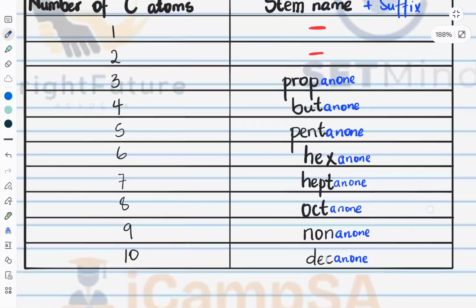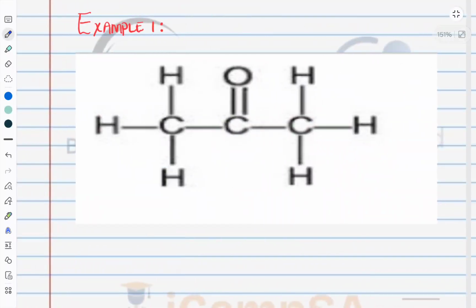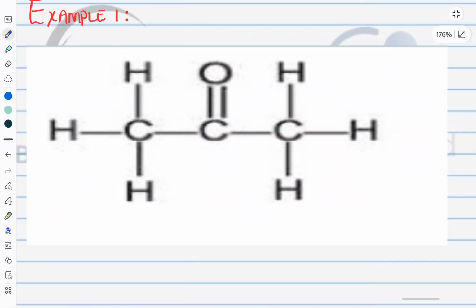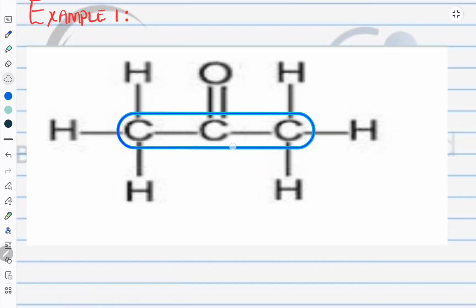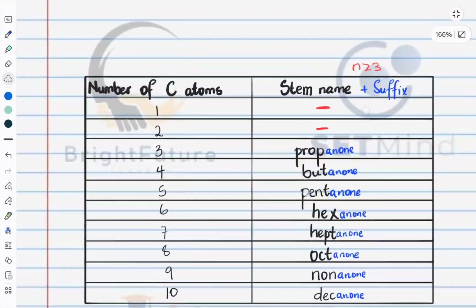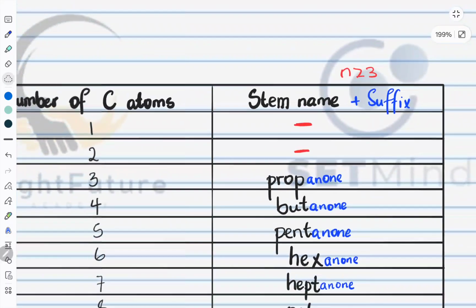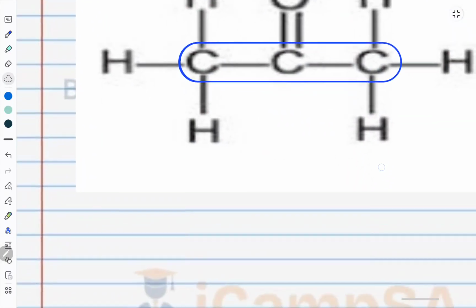All right, so now let's go ahead and check our first example. If you can check, we have to identify our parent chain, which is this one, right? The parent chain must contain the carbon atom that is double bonded to the oxygen atom, because that's our functional group, right? So this one has 3 carbon atoms, so it's propanone. It's simply going to be prop, right?